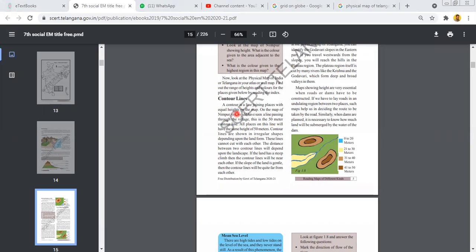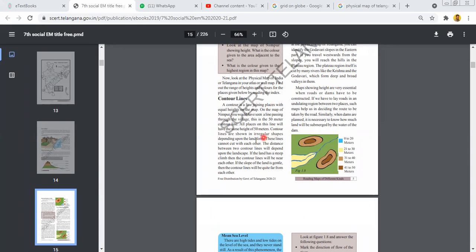That is called a 50 meters contour line. This line joins the different places, which means those places are having 50 meters height from the sea level. So all the places on the line will have the same height.